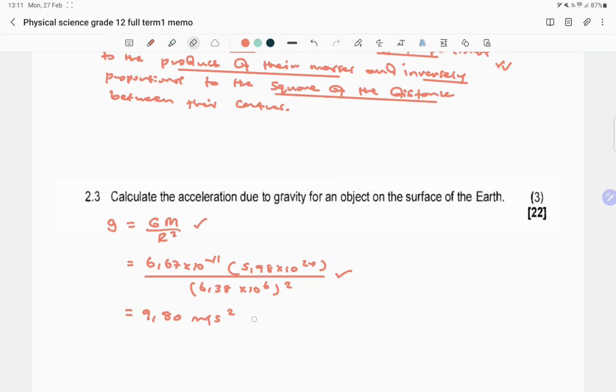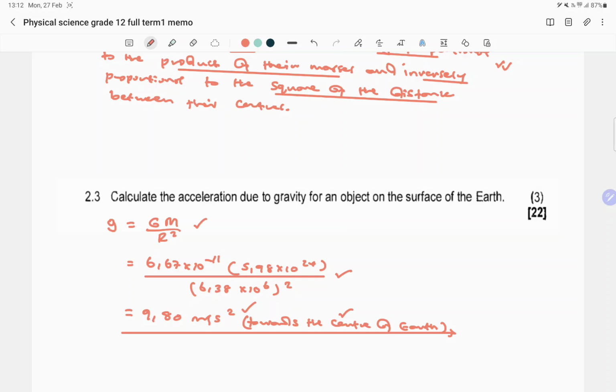So we can say towards the center of Earth. Of course here they just said calculate acceleration due to gravity, so you need to include direction because this is a vector. So these things, guys, are critical. So I would give you 4 marks for this one because this deserves a mark.